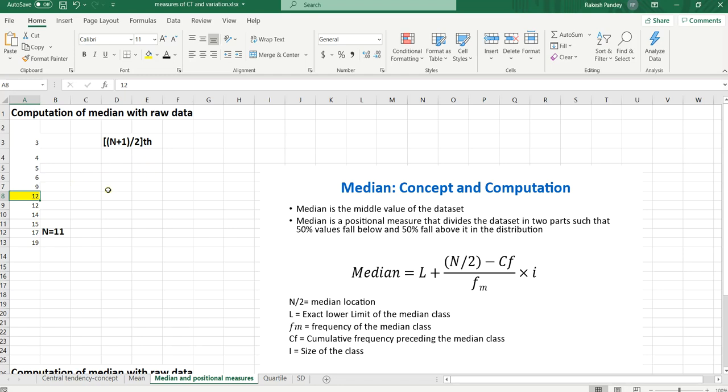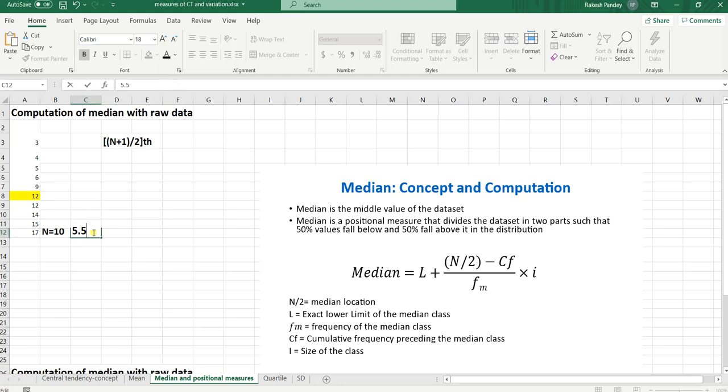and this will happen when, suppose I am deleting this 19, and then in that condition n will become 10. So if I use this formula (n + 1)/2, so (10 + 1)/2 will be 5.5. Now it is not a whole number. 5.5 is in fraction.